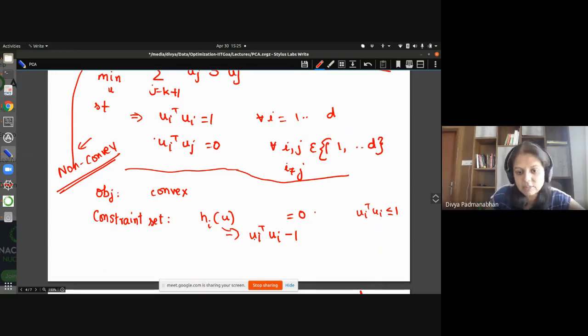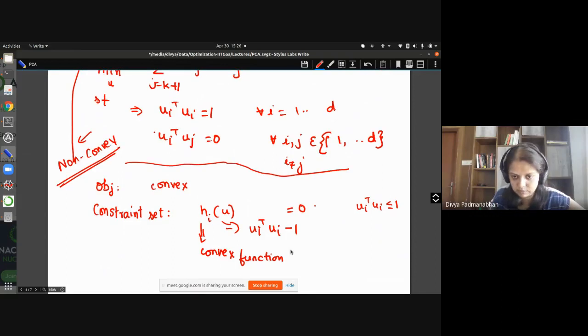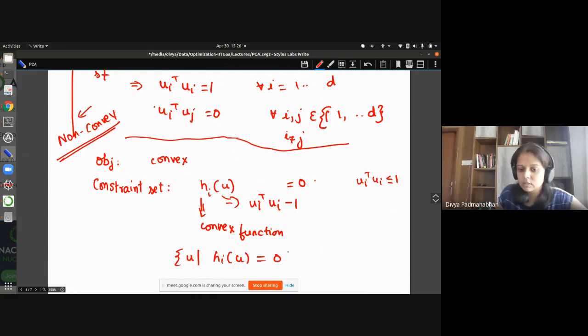This function h is a convex function, but the space of u's which satisfies h of u equal to 0 is not a convex set. There are two things, a convex function and a convex set. The set of u's such that hi of u equal to 0 is non-convex, even though h is convex.